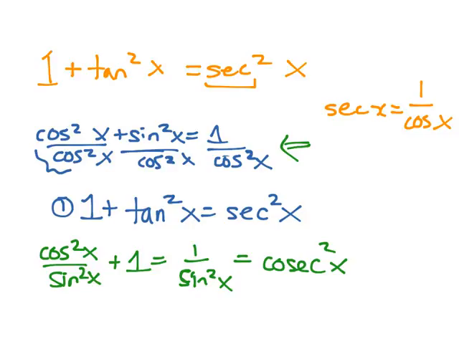And cosine over sine is equal to cot, cotangent. And this is our third formula.